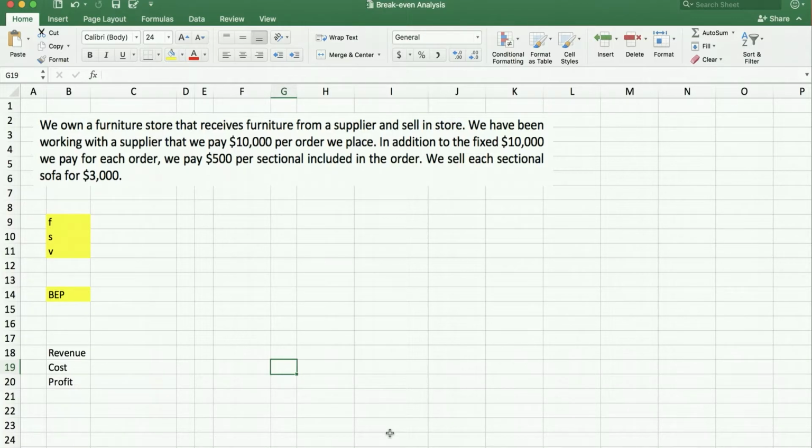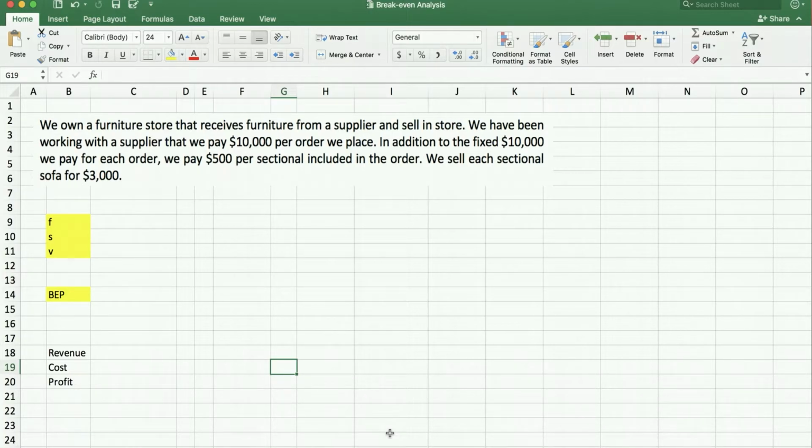In addition to this fixed cost of $10,000, we pay $500 per sectional sofa that we include in the order. So again, each time we place an order, we pay $10,000, and for each sectional sofa included in this order, we pay $500. And the selling price for each sectional sofa is $3,000. And we want to find the break-even point.